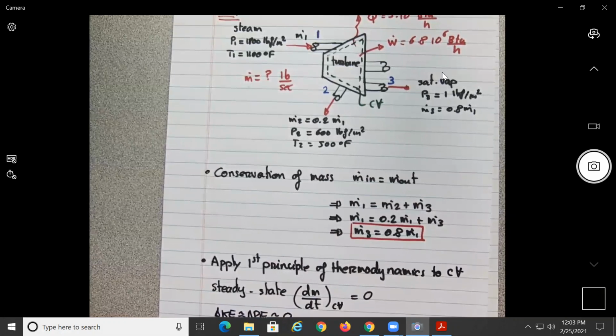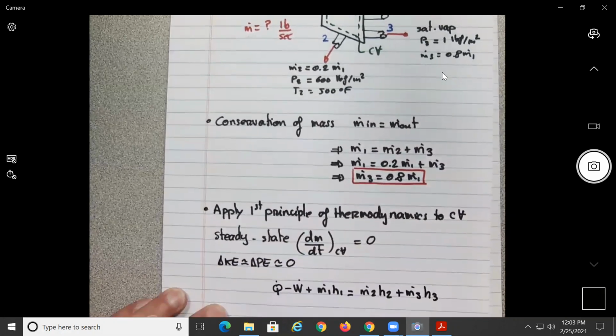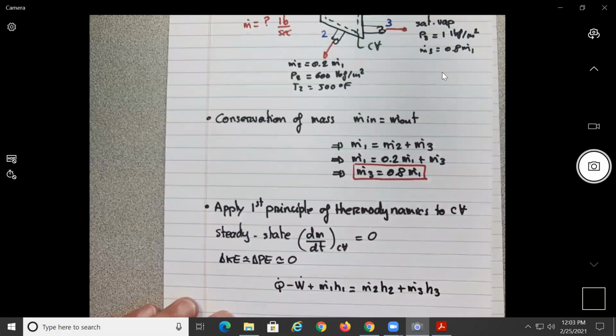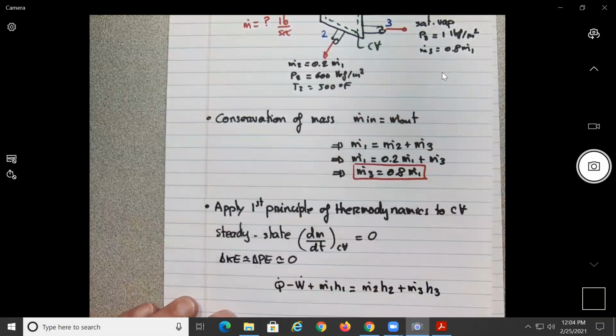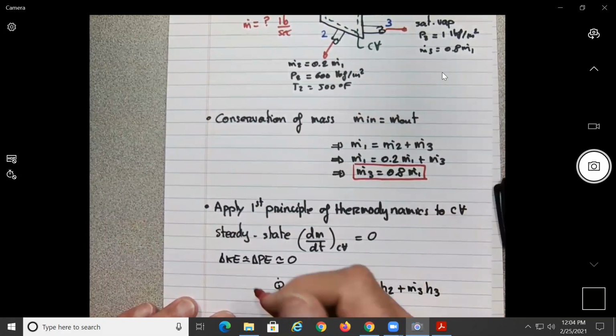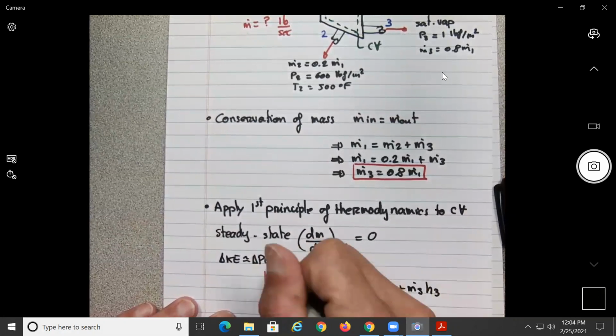Plus m dot 3 h3. So Q, this is coming in, m dot 1 h1, what is coming out? m dot 2 h2 plus whatever is leaving over here. Okay? So really this is the important equation. If I see that equation, I'm happy.